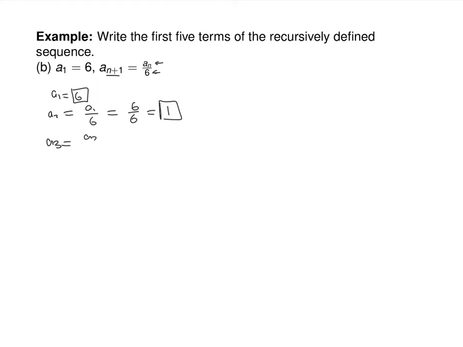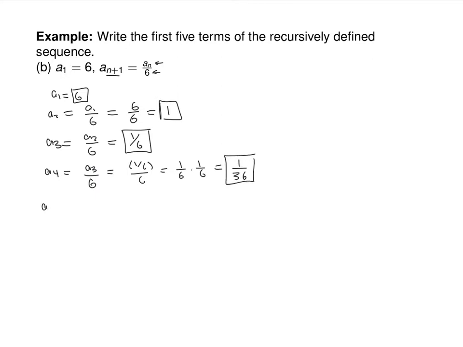a3 will equal a2 over 6, so 1/6. a4 will be a3 over 6, so 1/6 over 6. Notice that that is the same thing as 1/6 times 1/6, or 1/36.